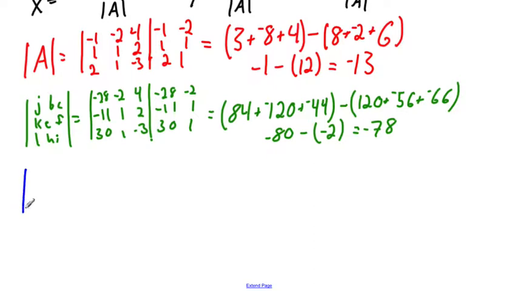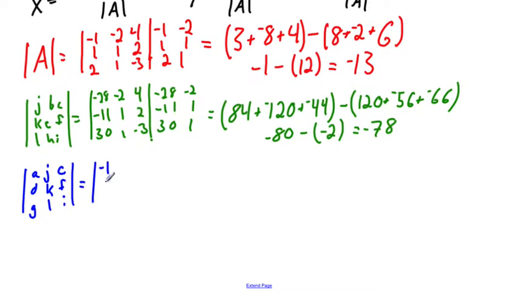Alright, next up to the plate is the numerator for my y variable. Again, this column and my last column stay the same, and my middle column is replaced with the JKL.